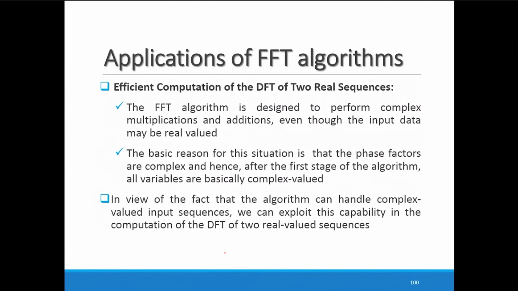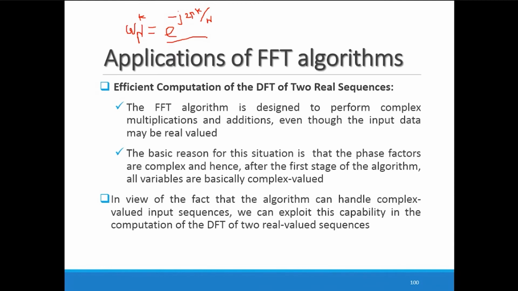Whatever phase factors or twiddle factors we assign, these are W_N^k, and we can write this twiddle factor as e raised to minus j 2 pi k by N. This is a complex expression. So the basic reason is that the phase factors are complex, and hence after the first stage of the algorithm, all variables are complex valued.